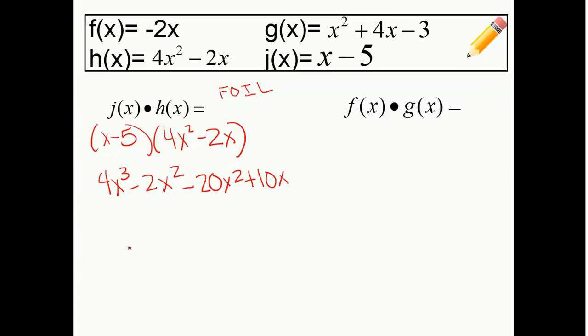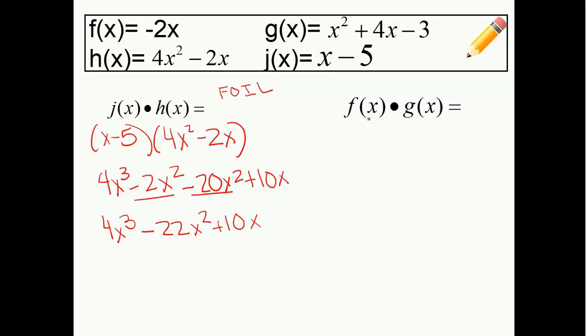So, do I have anybody to combine? It looks like I do. So, 4x cubed gets to stay out in the front because he has the largest exponent. Negative 2x squared and negative 20x squared, those two combined together, I get negative 22x squared, right? Plus 10x.